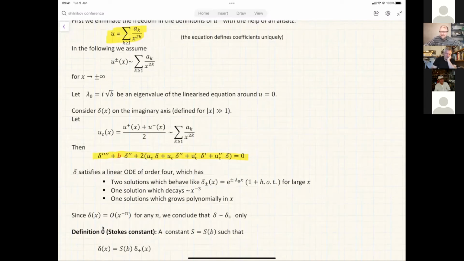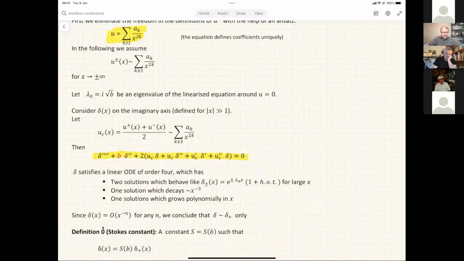That is the Stokes constant, and that's the constant which is responsible for whether u plus and u minus coincide. So if s is equal to 0, then u plus is equal to u minus. If it's not equal to 0, then u plus and u minus are different.